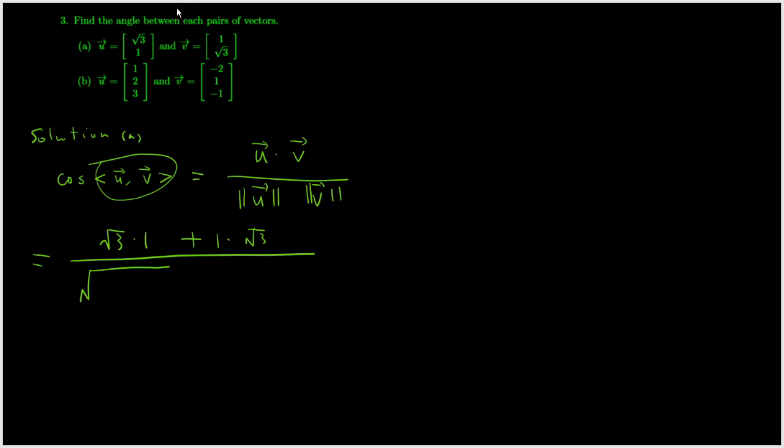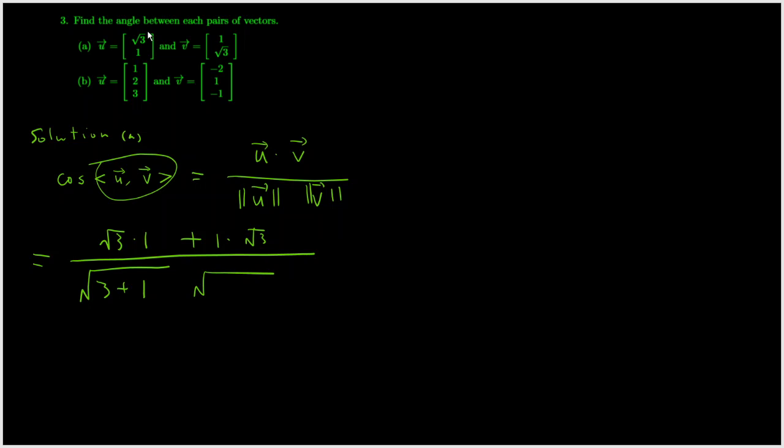Now look at u, the mouse cursor. The length of the vector u, you compute the length using the square root of the squares of the components. Square root of 3 squared, you have 3, right? 1 squared, you have 1.